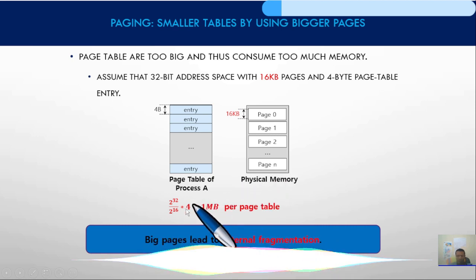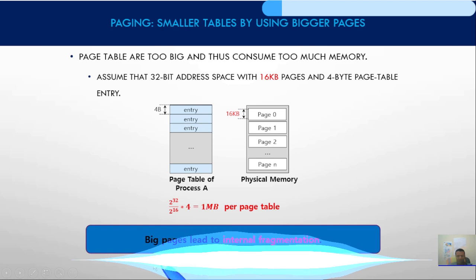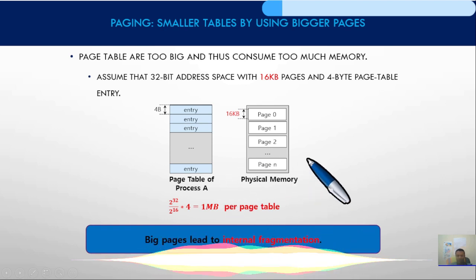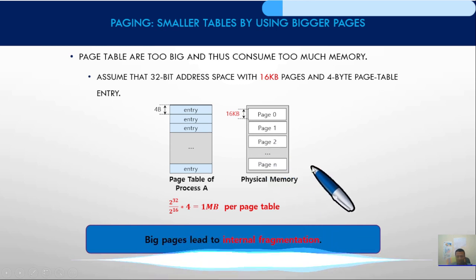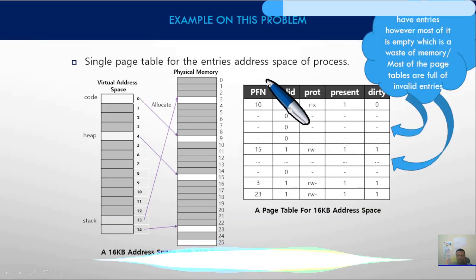So we dramatically reduce the size, but the issue is that big pages lead to internal fragmentation. Internal fragmentation means the OS will assign more memory than requested, so that the extra internal memory is wasted. We call it internal fragmentation.